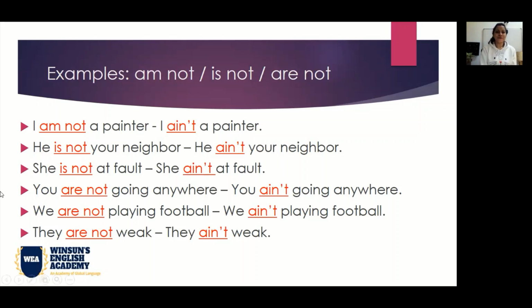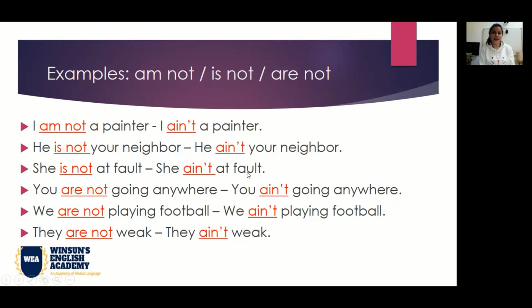Now, I'm not a painter. Here, am not, I have changed and put in ain't. So in place of am not, you can write ain't. I ain't a painter. He is not your neighbor. He ain't your neighbor. She is not at fault.